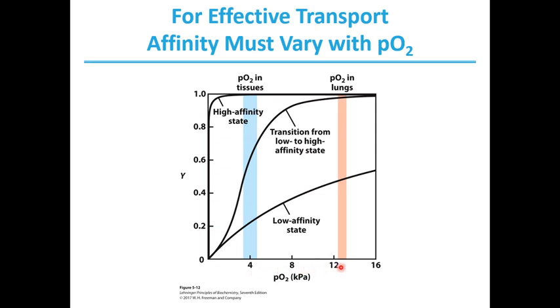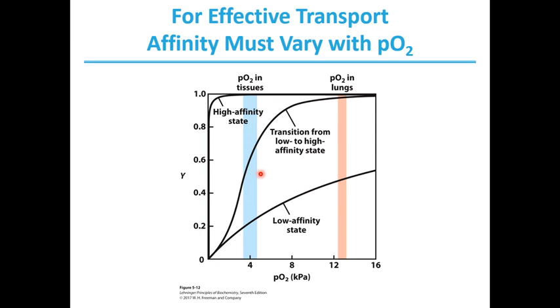Myoglobin or any other protein that binds oxygen with a hyperbolic binding curve like this, as shown here, would not be well suited for this function, because a protein that bound oxygen with high affinity would bind it effectively in the lungs, but would not bind it effectively or would not release much of it in the tissues.